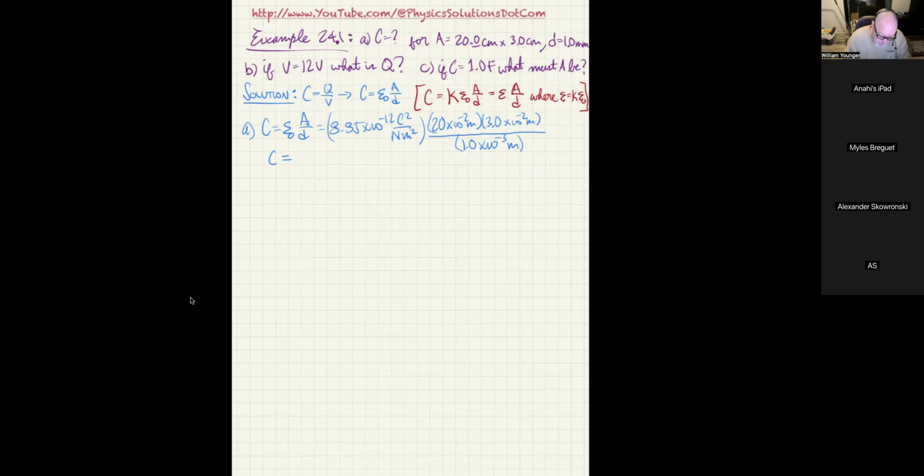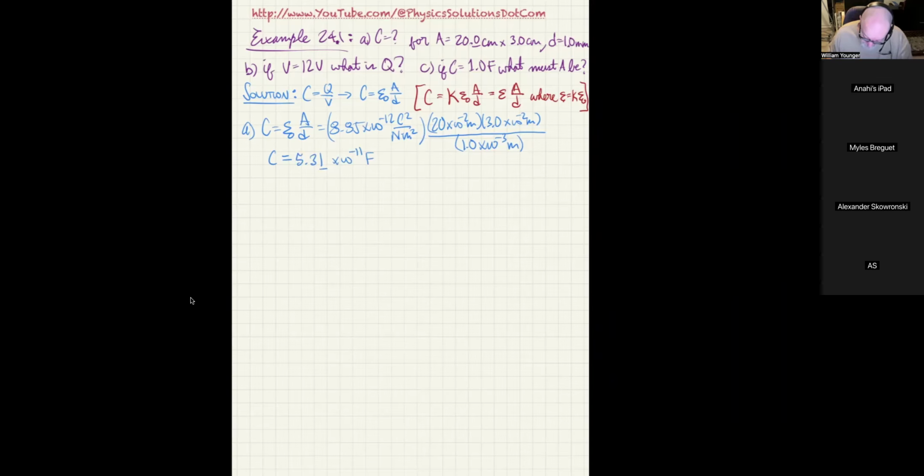So 8.85 times 10 to the negative 12 times 20 times 10 to the negative 2 times 3 times 10 to the negative 2. And then I'm going to divide all that by 1 times 10 to the negative 3. And when I do that, I get 5.31 times 10 to the negative 11th farads.